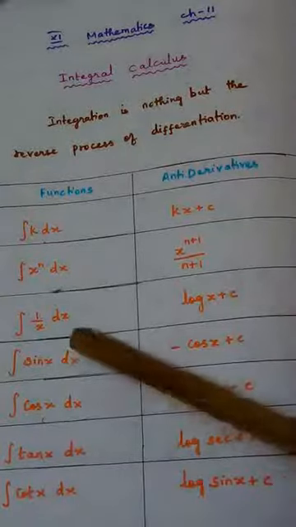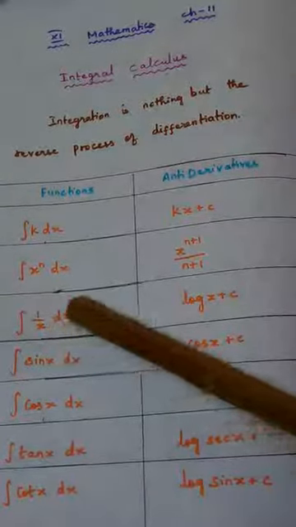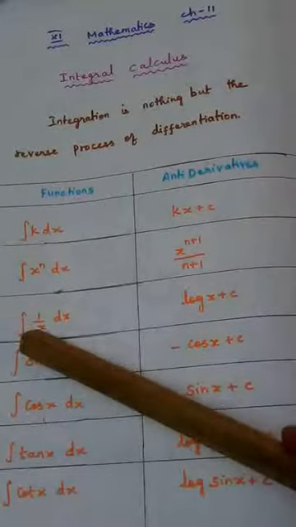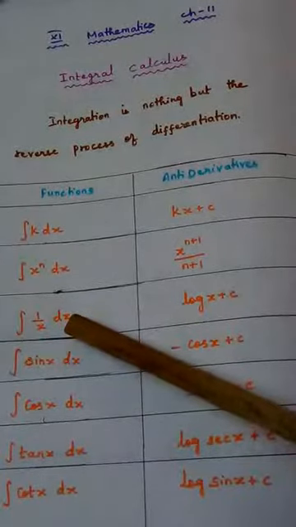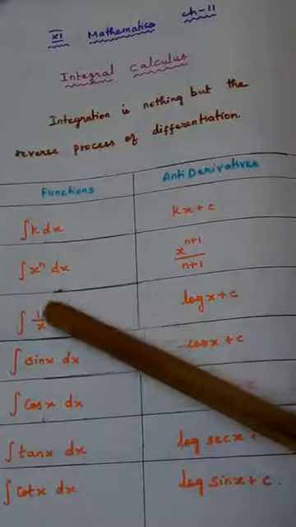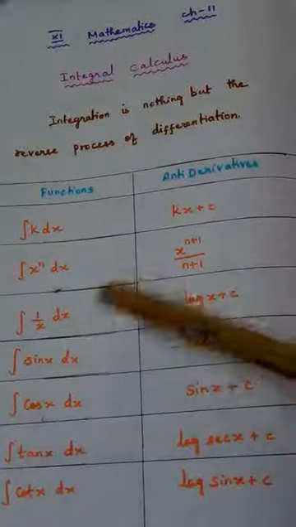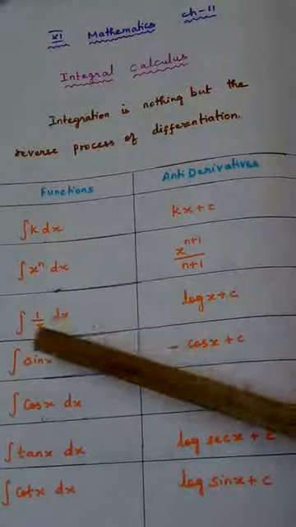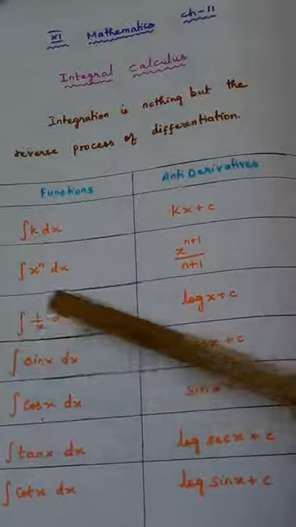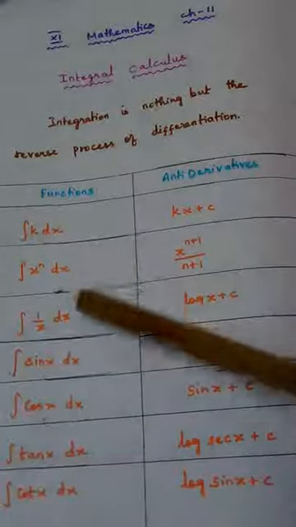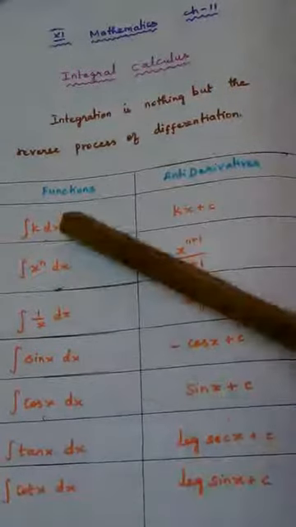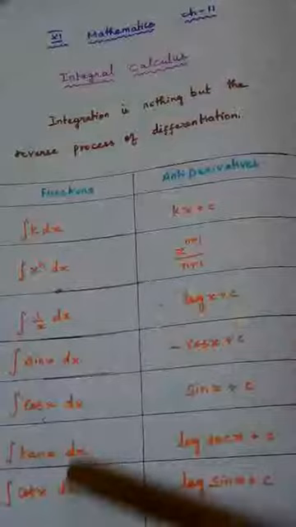In the same way, if I write dx, the integration is done with respect to x. So dx specifies with respect to what we are integrating. If you see all the formulas, they will carry dx because we are integrating with respect to x.